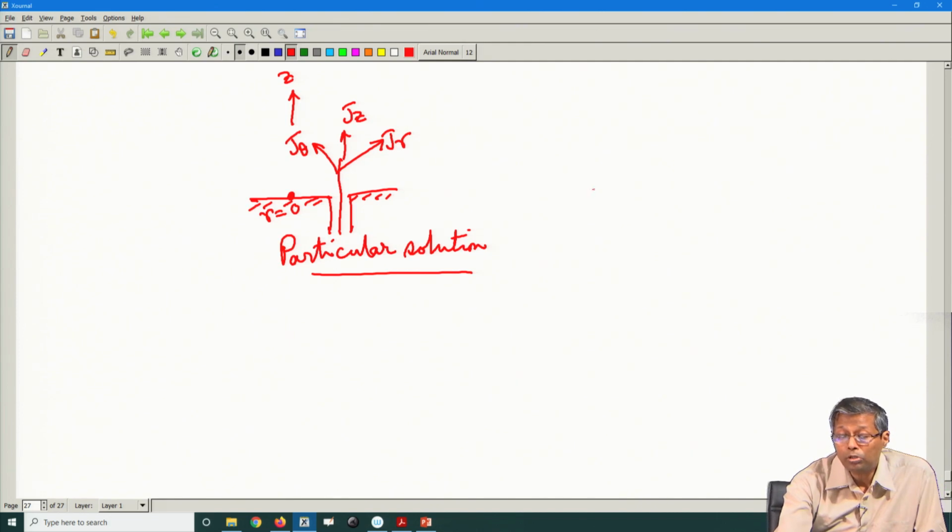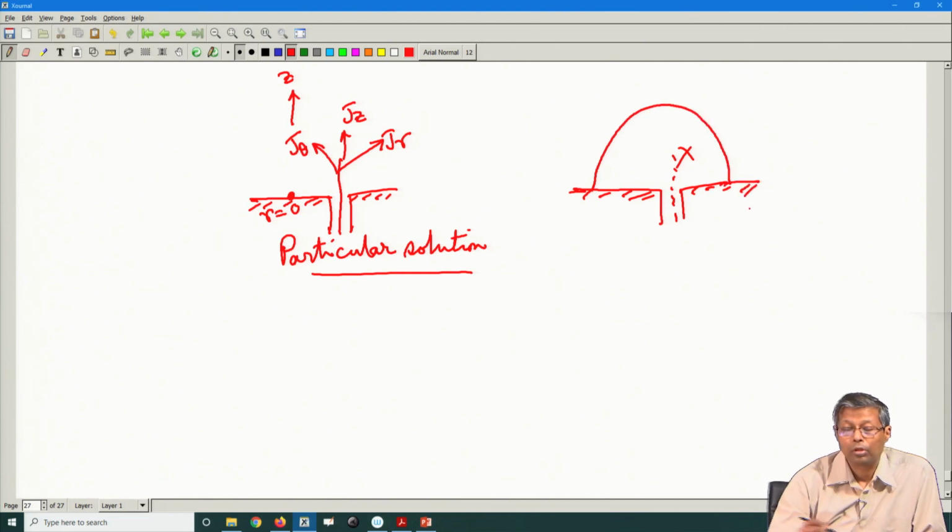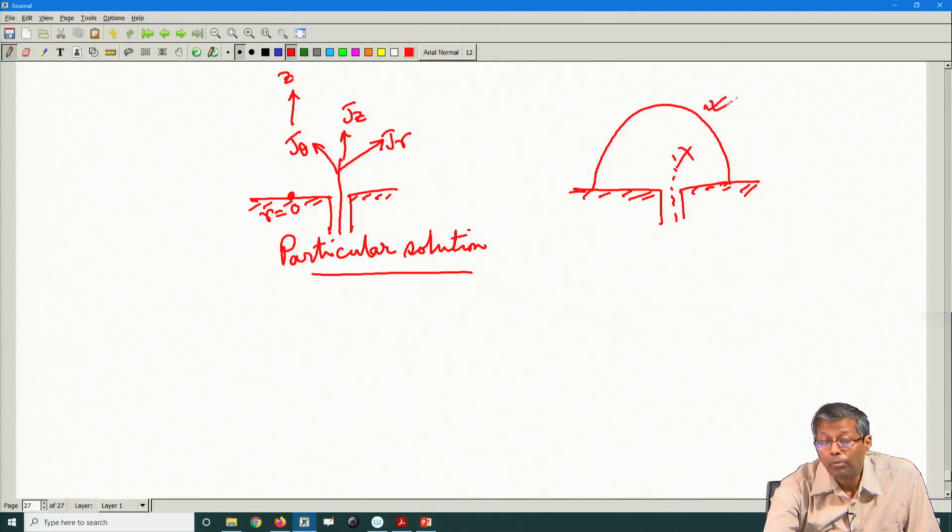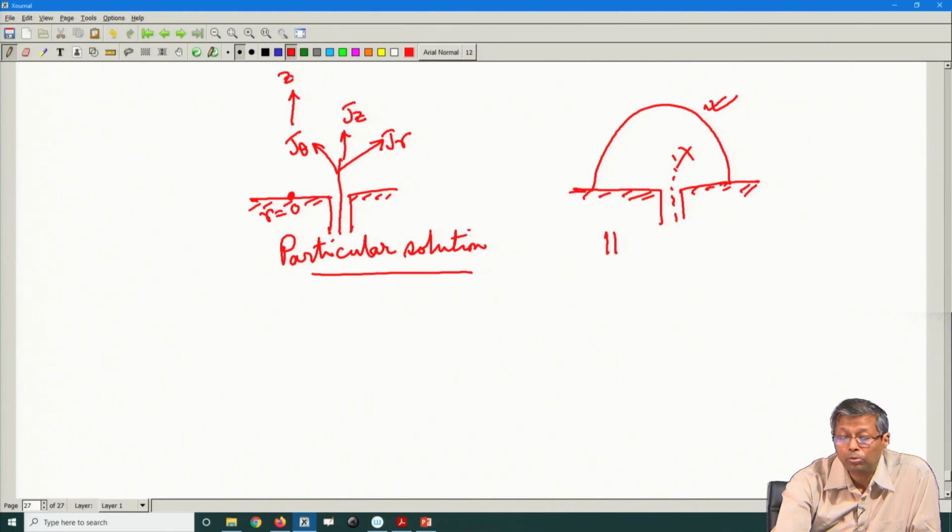The homogeneous solution is where this probe is absent, it is not there, and you have the dielectric resonator. So, the boundary conditions of the problem work without the presence of the source. So, this is the homogeneous solution.